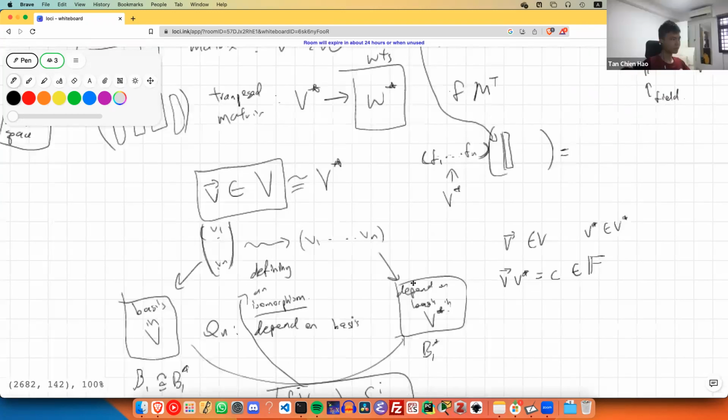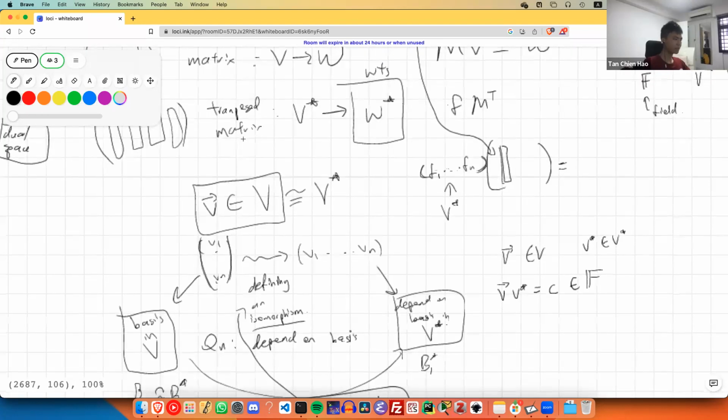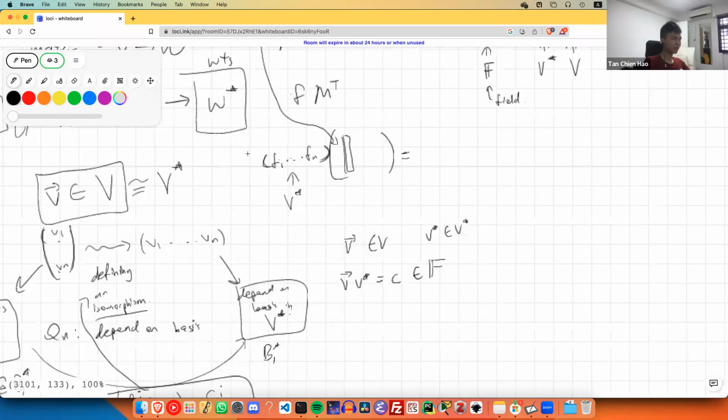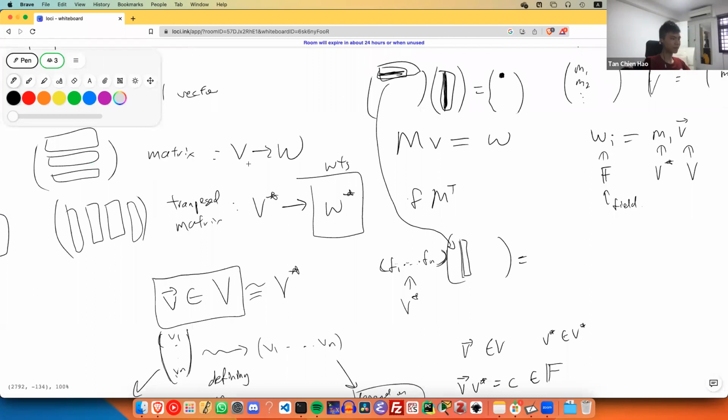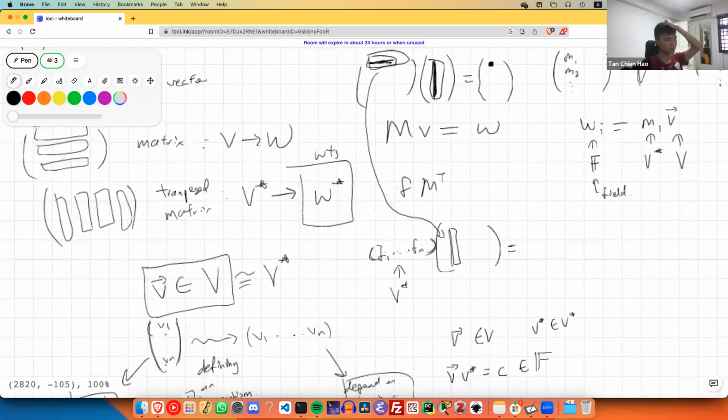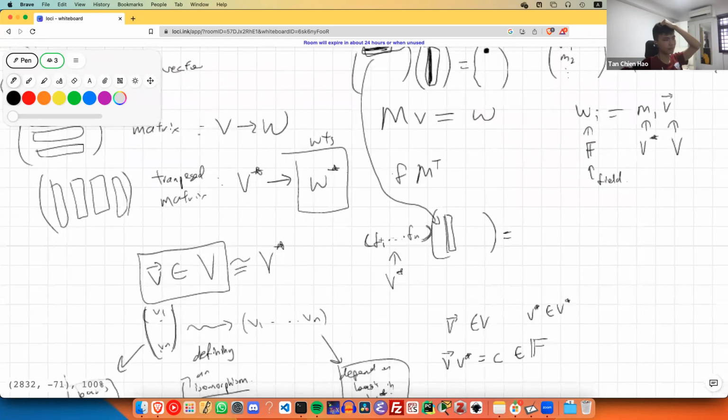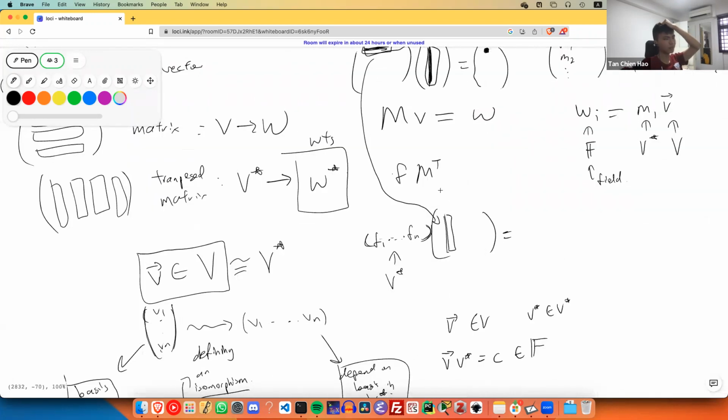So when we choose a matrix, we choose a basis for V, and we have the matrix action on the column vector. If we transpose the matrix, we can think of any element in V. Initially it's MV equals W, right? We can think of the transpose action as M transpose, and then we take V star.